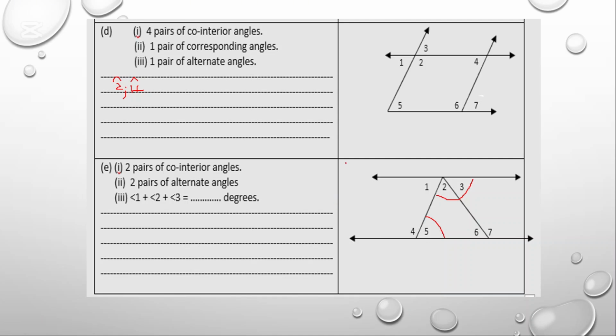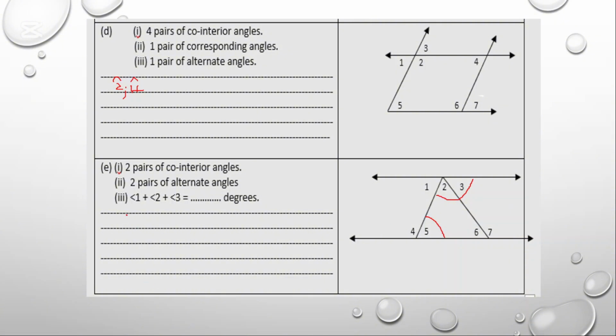The other pair will be 1 and 4. And then we have another pair, 3 and 7. So this one, 5 co-interior with 2 and 3. 4 co-interior with 1 and 7 co-interior with 3.